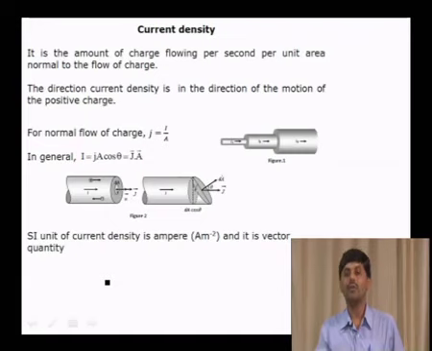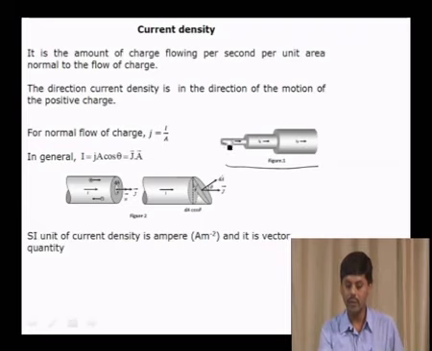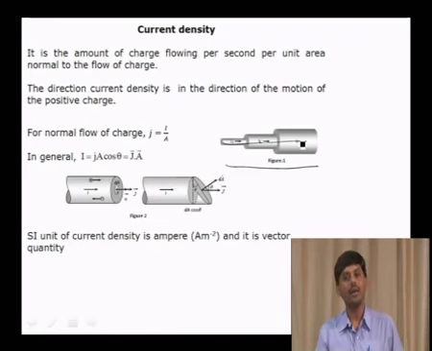In general, I is equal to J cos theta, that is, J vector dot A vector. In the diagram, the area of cross section at different positions is different, but through the wire the current remains the same. The SI unit of current density is ampere per meter square and it is a vector quantity.